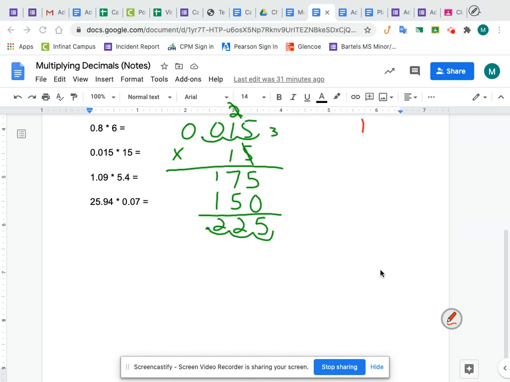Third example, 1 and 9 hundredths times 5 and 4 tenths. So this is one of those where we're not lining up the decimal at all. We're making sure we just line up our numbers.